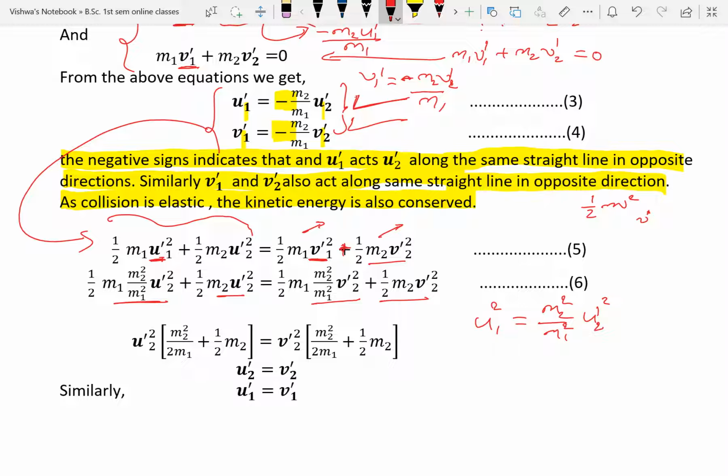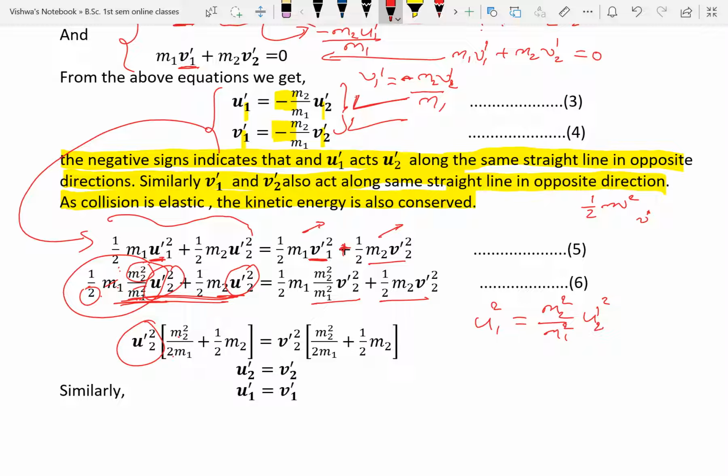Now from these two terms u2 prime square is common. Take this u2 prime square common, then the remaining is m2 square by 2m1. How does it come? Here in this term m1 is there, here divided by m1 square is there, so it gets cancelled. The remaining is only 1 by m1, and here 2 is there, so it becomes 1 by 2m1, and then here it is m2 square.